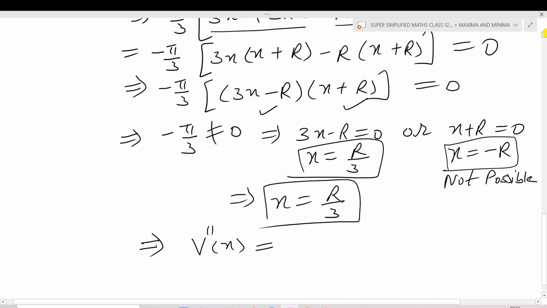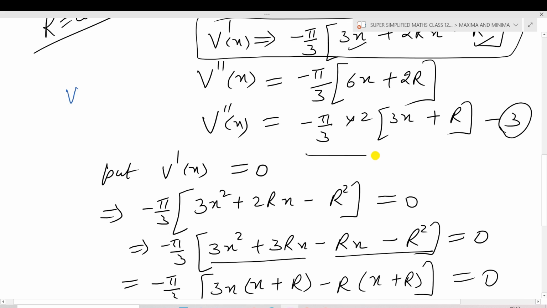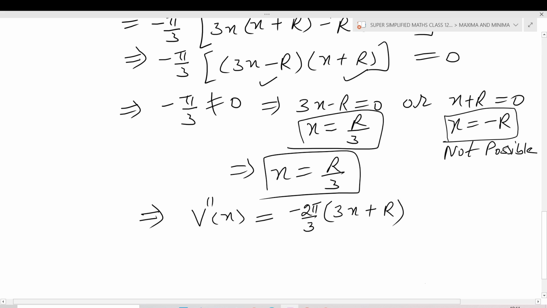So we have written the expression for v double dash x. In this v double dash, in place of x we substitute r by 3. That gives us minus 2 pi by 3, 3x plus, in place of x I have to write r by 3. So this becomes 3 into r by 3 plus r, which gives me 2r.